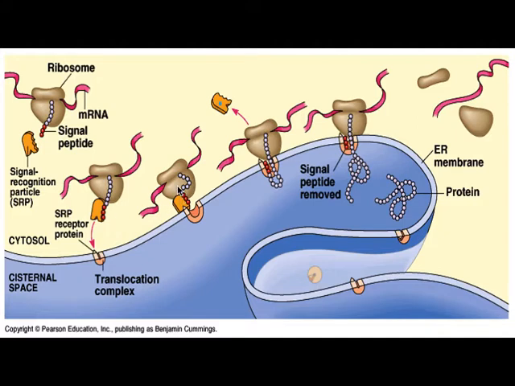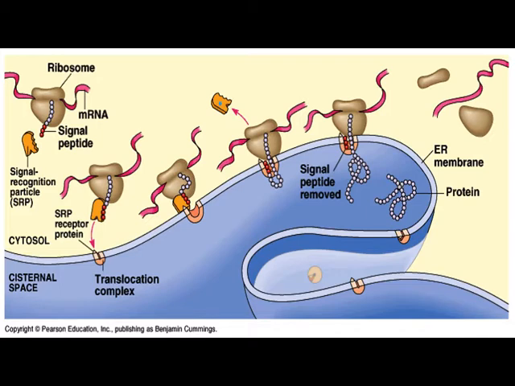So look at what's happening here. It pulled the complex to the endoplasmic reticulum, and see how it continues translating. Now your product, your protein, is now inside the RER.